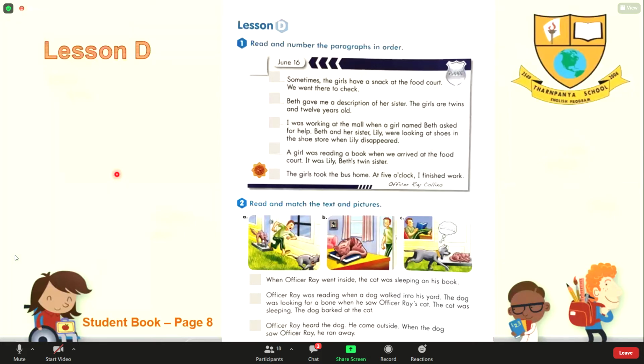Then Beth gave me a description of her sister. The girls are twins and 12 years old. Sometimes the girls have a snack at the food court. We went there to check.